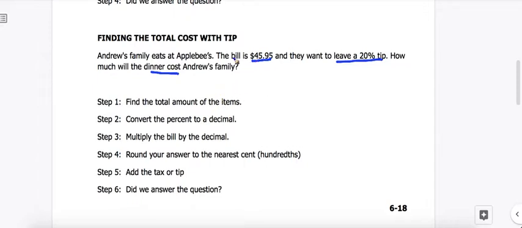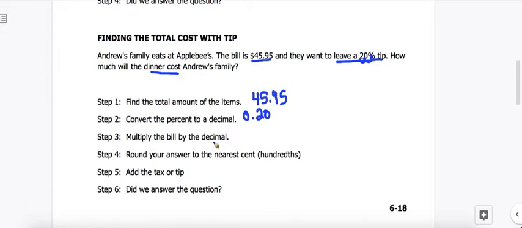Well, in this case, I don't have to do that because I told you the actual bill, so this is $45.95. Okay, now we have to convert the percent to a decimal. So that would be 0.20 or 0.2, 2 to the left.